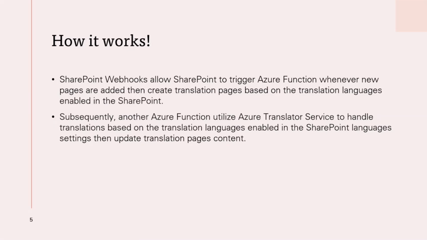Subsequently, another Azure function will utilize Azure Translator service to handle the translations based on the translation languages that you enabled in SharePoint. And then it will update translation pages with the translation content.